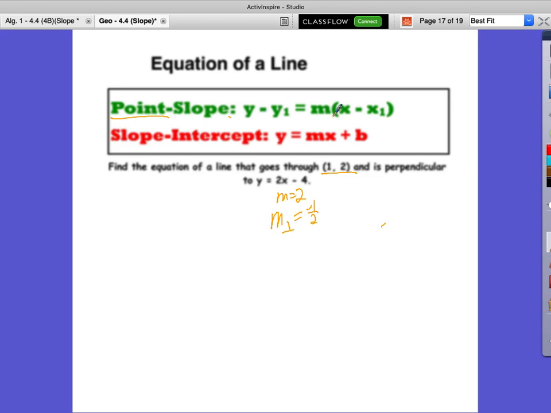Let's talk about this one up here, guys. Okay? So we have our point, we have our slope. We know it goes to this point, and we know it has this slope. This is perpendicular to this line. Okay? So use point slope form. Y minus 2 is equal to -1/2 times x minus 1. From there, we distribute. Y minus 2, -1/2 times x is -1/2 x. -1/2 times -1 is a positive 1/2.